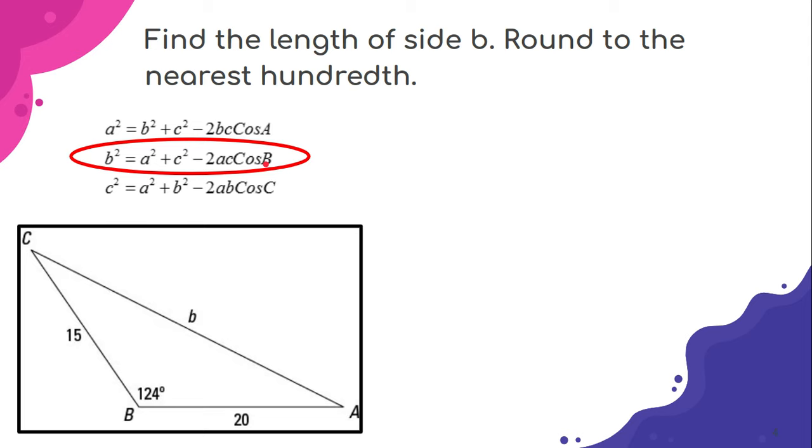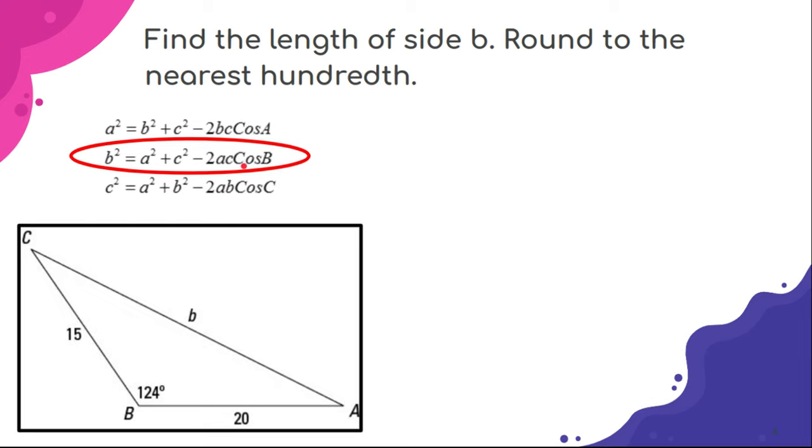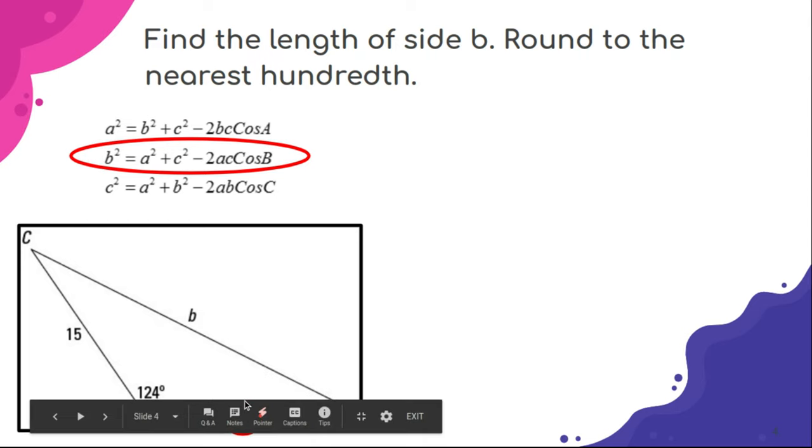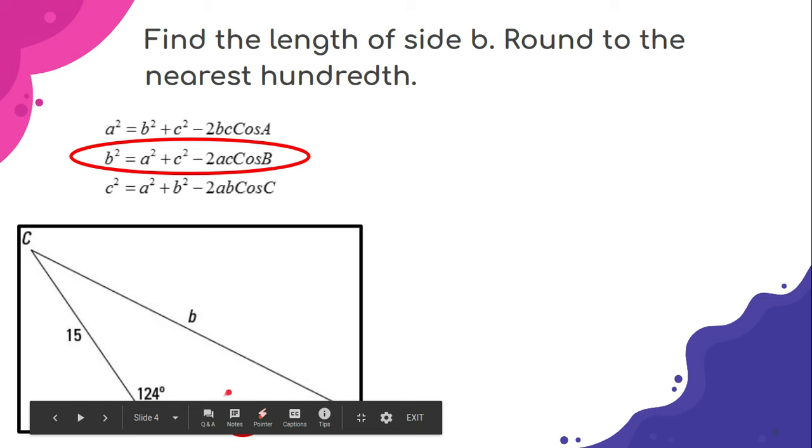Now we need to find the right values in order to insert them into the equation itself. Those values needed will be side length C in this case, which is equal to 20, and side length A, which is equal to 15.